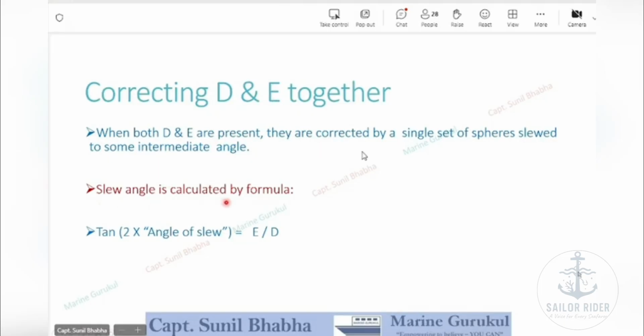The slew angle is calculated by the formula: tangent of twice the angle of slew is equal to coefficient epsilon divided by coefficient delta. So whatever is the magnitude of epsilon divided by the magnitude of coefficient delta gives us tangent of twice the angle of slew. So the angle of slew can be obtained using this formula.